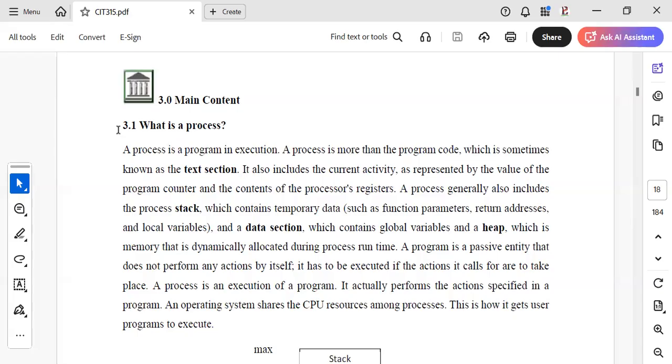The main components of a process include program code, the text section, which contains executable instructions; the program counter, which points to the next instruction to be executed; CPU registers, which hold temporary data; and the stack, which stores function parameters, return addresses and local variables. The data section contains global variables and stores dynamically allocated memory during runtime. They ask us the difference between program and process: passive entity and active entity.